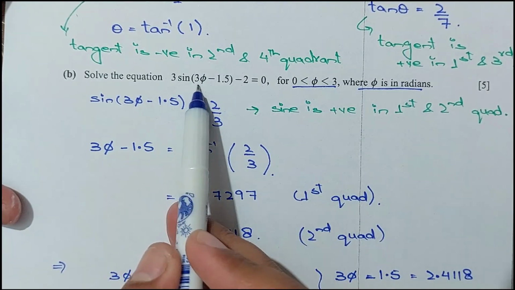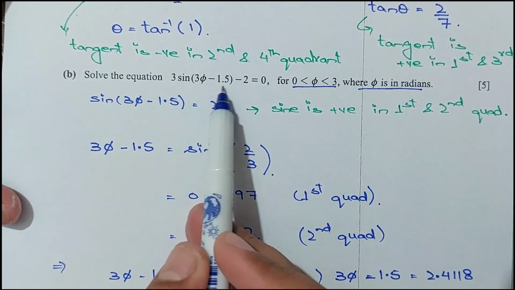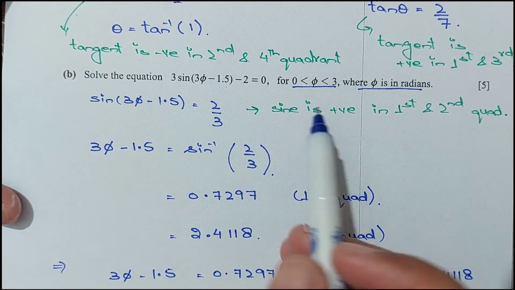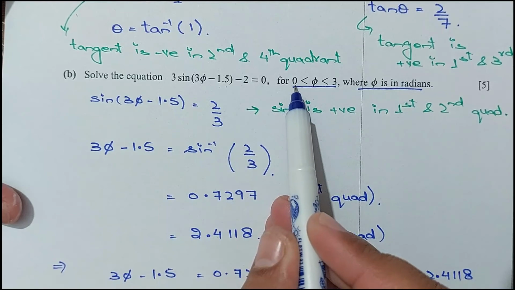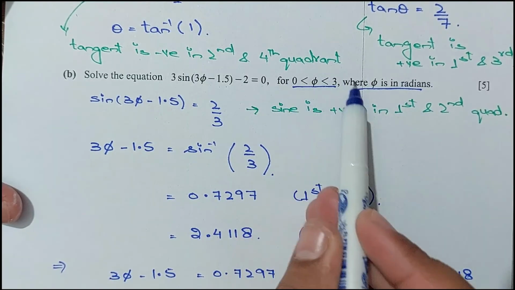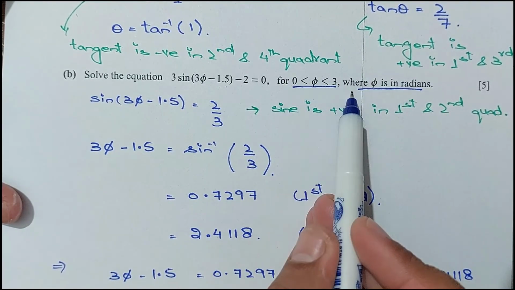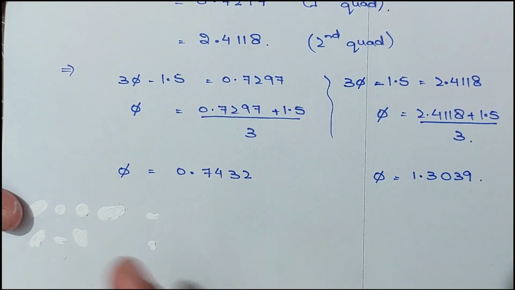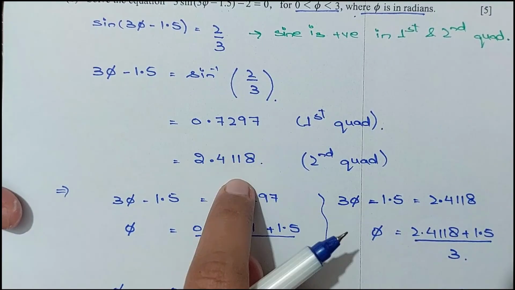Okay, so these are the two values of phi. To get all the desired angles which are between 0 and 3, since the angle is not just phi, it is 3 phi minus 1.5, we have to add and subtract 2 pi. But we are not subtracting 2 pi because the range of phi is positive, 0 to 3, not the negative values. So that is why I'm just adding 2 pi. So adding 2 pi in this value and adding 2 pi in this value, and then we have to solve for phi. So let's do this. So 3 phi minus 1.5, we have the two solutions, this and this.